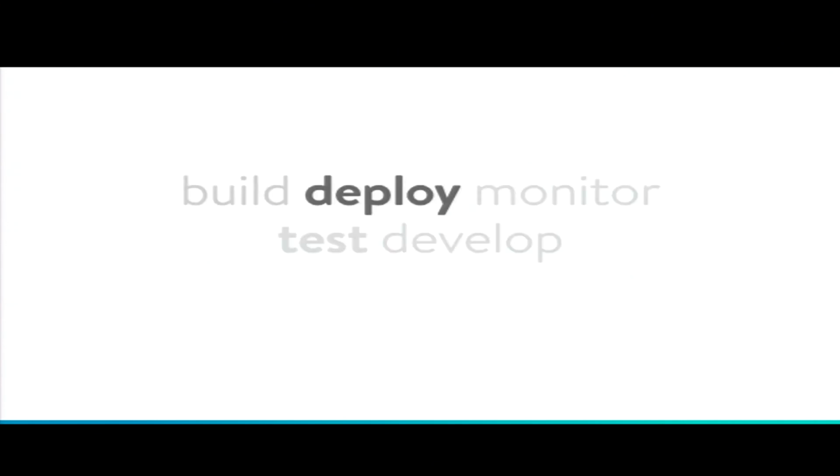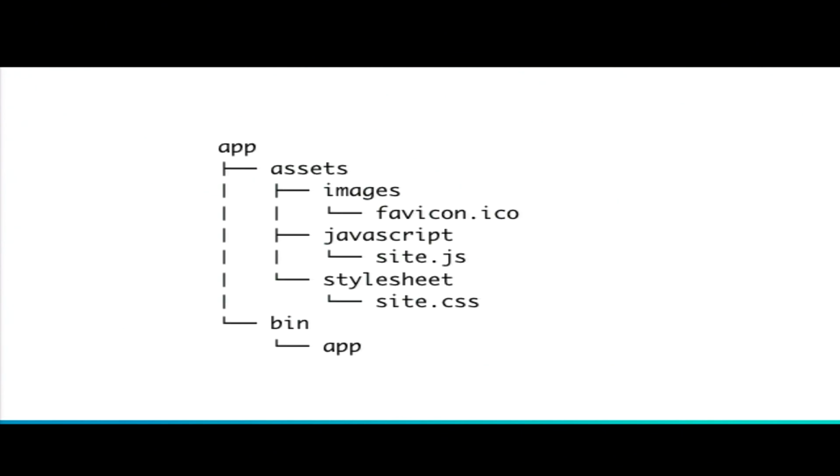When we build our Haskell code, the result is a statically compiled binary, just like you would get with C or Go. And so it means that deploying the code is really simple. When we deploy our code, we're creating a tarball. So let's say we're writing a web application in Haskell. We have our images, our JavaScript assets, and our style sheets all in a directory.